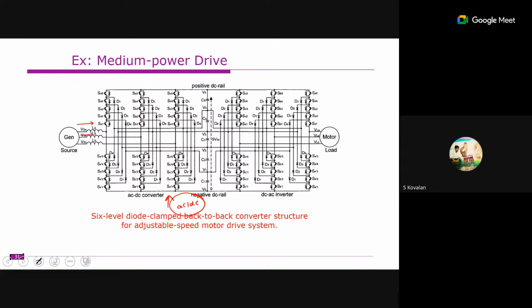We can make these currents purely sinusoidal, and at the same time maintain the DC link capacitor as a filter. On the other side, if you control it properly, we can make these voltages sinusoidal.